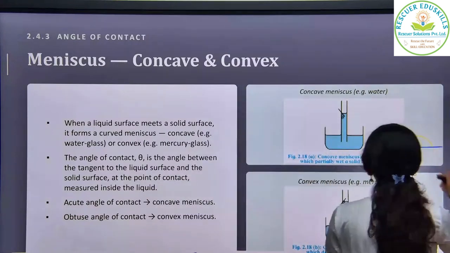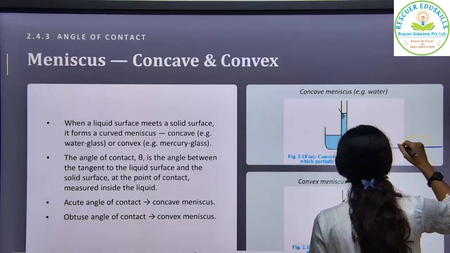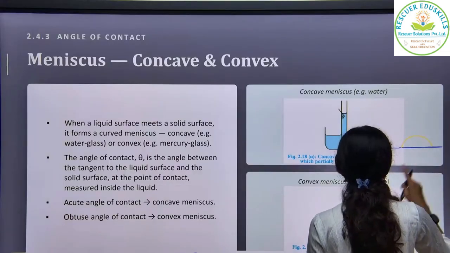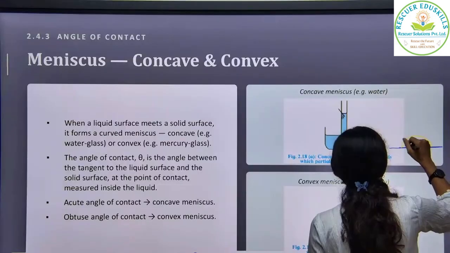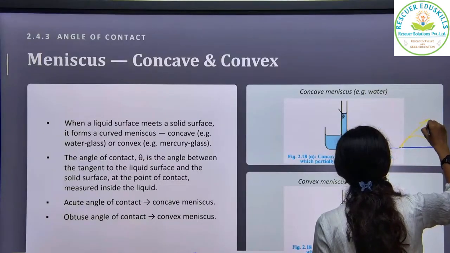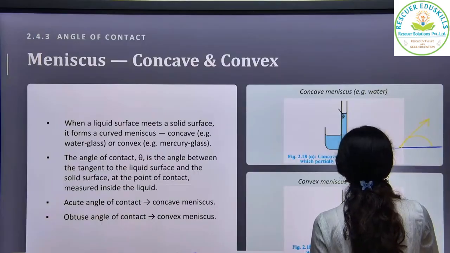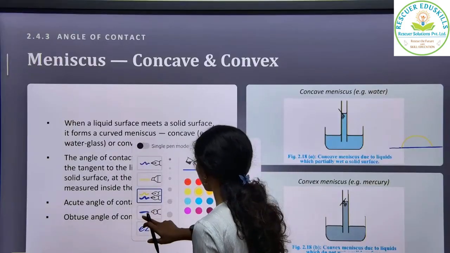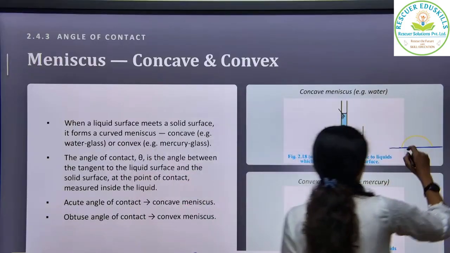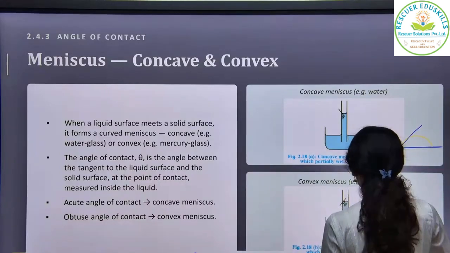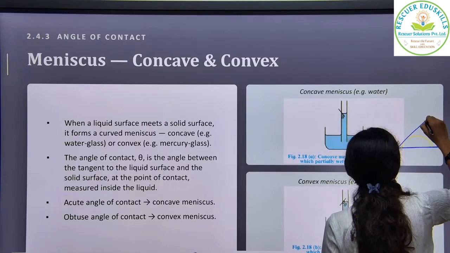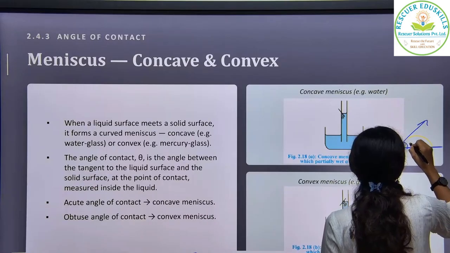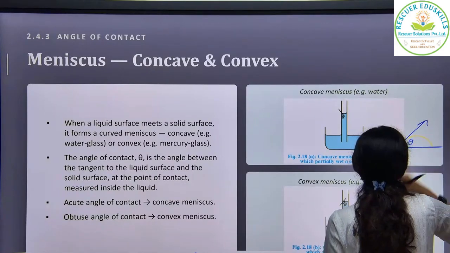So now the angle from this surface to this water droplet will be an acute angle.